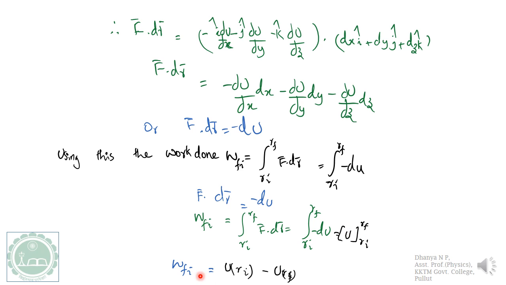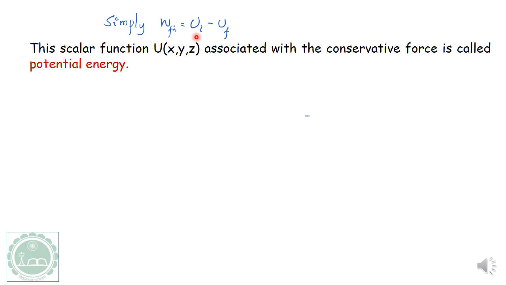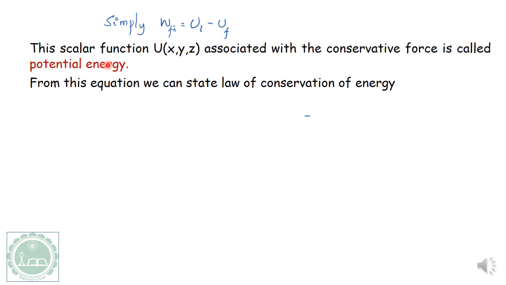That is, W_fi is equal to u(Ri) minus u(Rf), upper limit minus lower limit. Simply W_fi is equal to ui minus uf. This scalar function, u(x, y, z), associated with the conservative force is called potential energy.